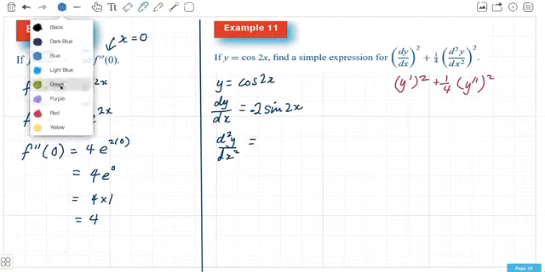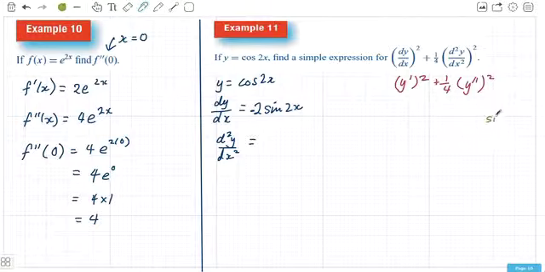If you've forgotten, remember your little tower of trig: sine, cos, negative sine, negative cos. When you differentiate negative sine, you end up at negative cos. So it's negative cos 2x, and that 2, the derivative of what's inside the trig, comes out the front and multiplies, so it turns into a 4.